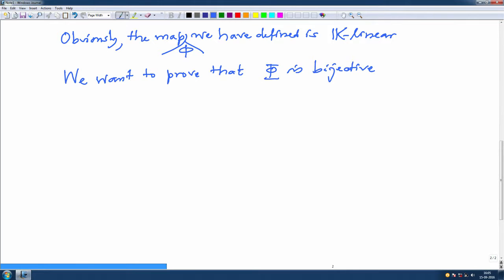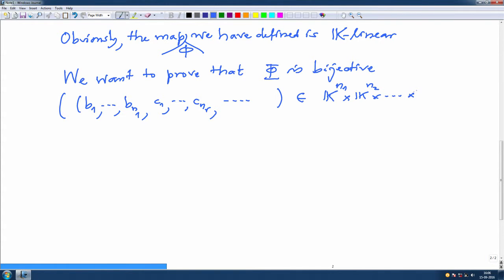This will answer our question: if I am given B1 to Bn1, then C1 to Cn2, and so on, a tuple in K^n1 cross K^n2 cross K^nr, then this will come from some polynomial g.